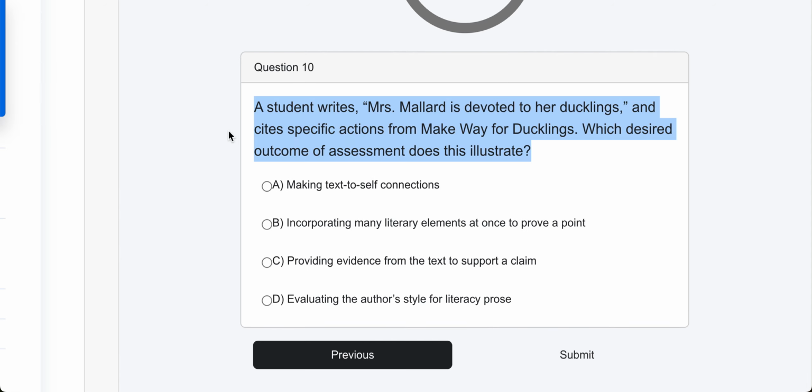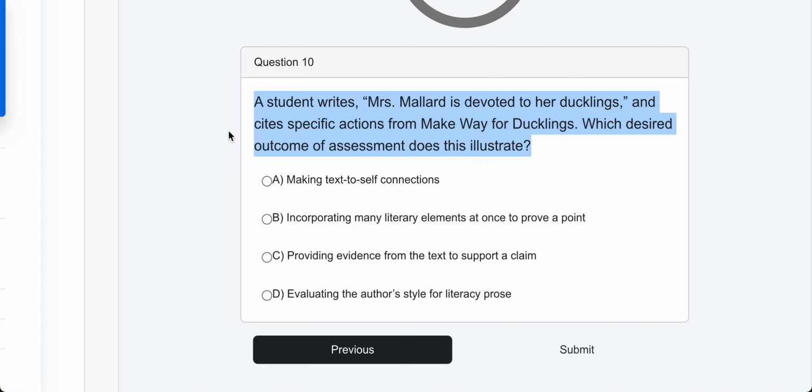This asks, a student writes, Mrs. Mallard is devoted to her ducklings, and cites specific actions from Make Way for Ducklings. Which desired outcome of assessment does this illustrate? Take a moment to read the answer options. See if you can pick out the best response.